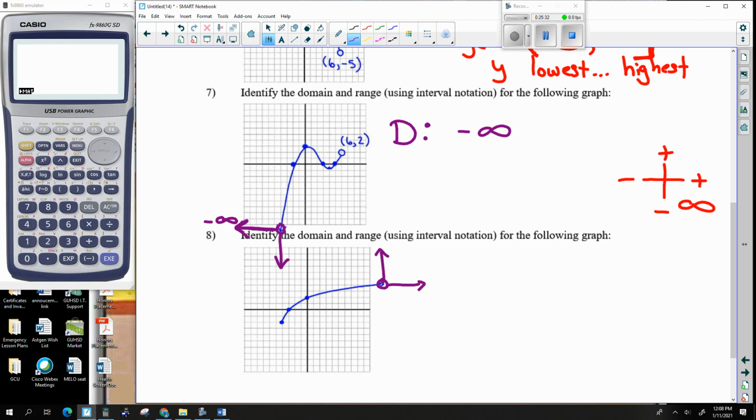The rightmost is this point right there that has a coordinate of 6. You are never ever actually going to get to an infinity, so an infinity always gets a round bracket. You will never put a square bracket on an infinity. The 6 is an open dot, so I will not get to that 6 either.